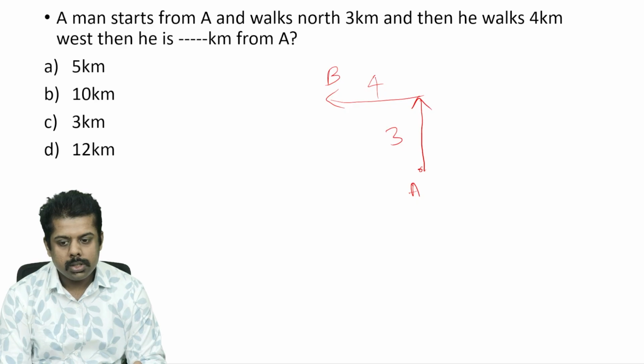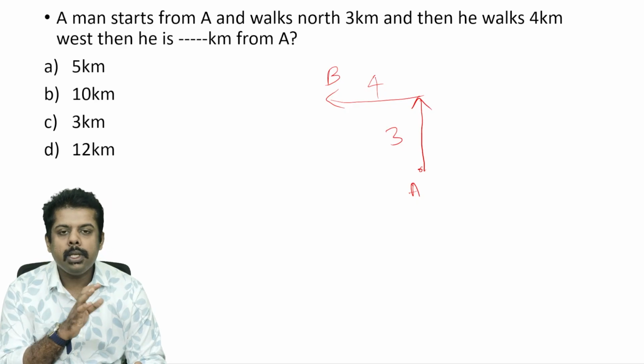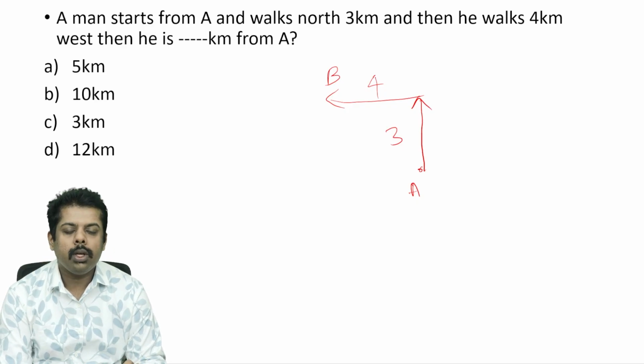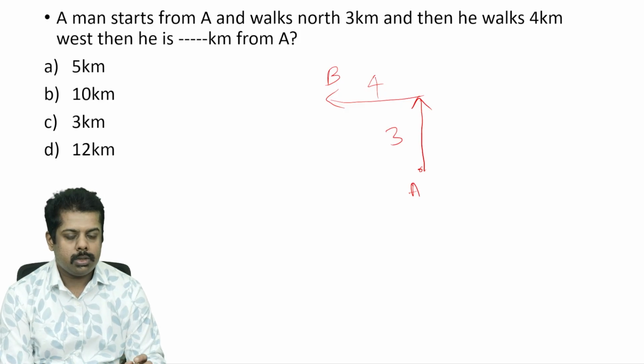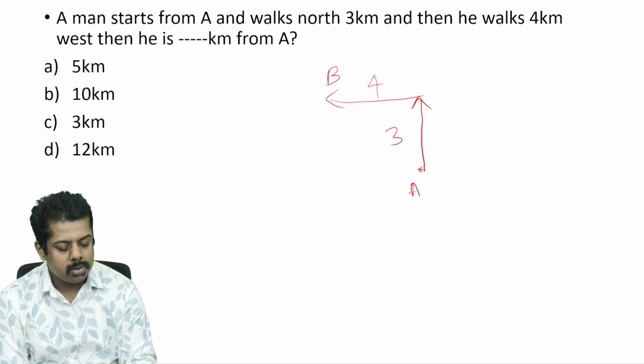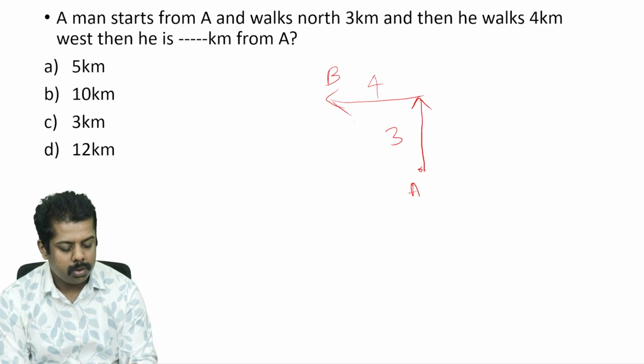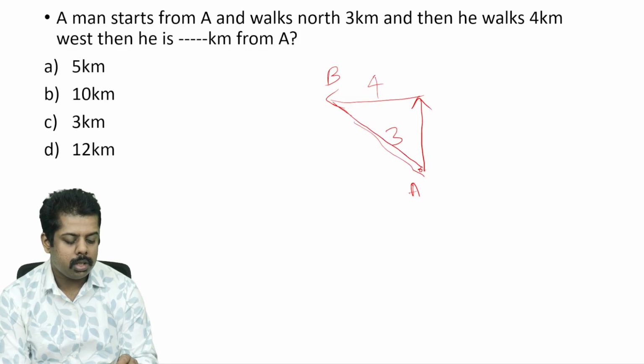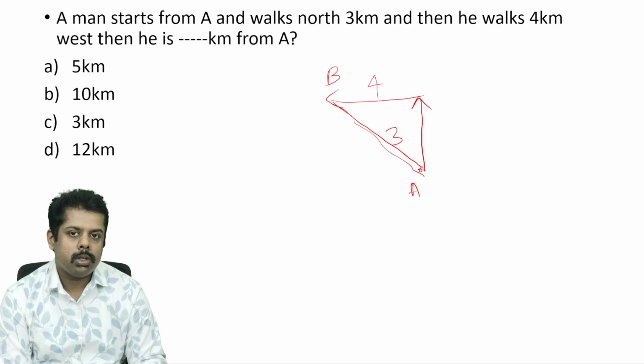In some questions they might state that we have to find the shortest, but even if it is not given, in the case of distance always remember to find the shortest distance. Connecting these 2 points, this has to be the shortest distance.